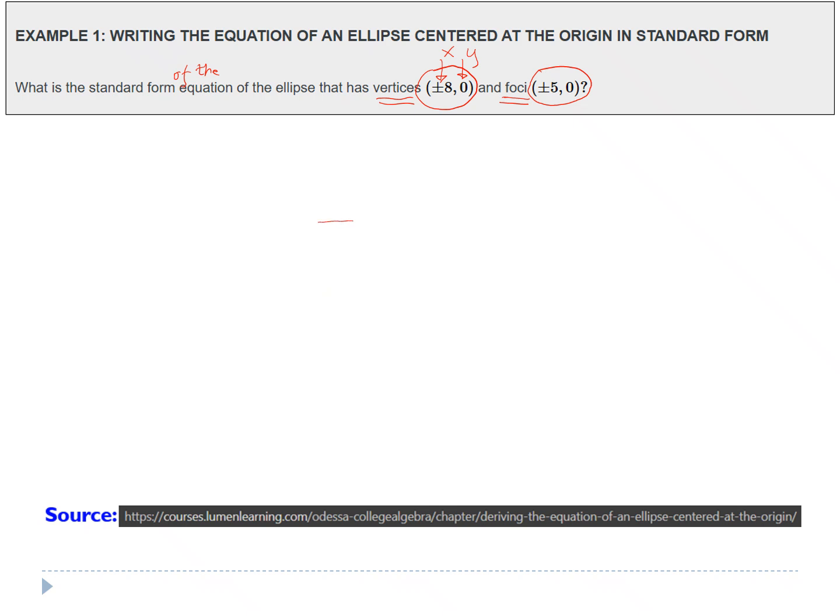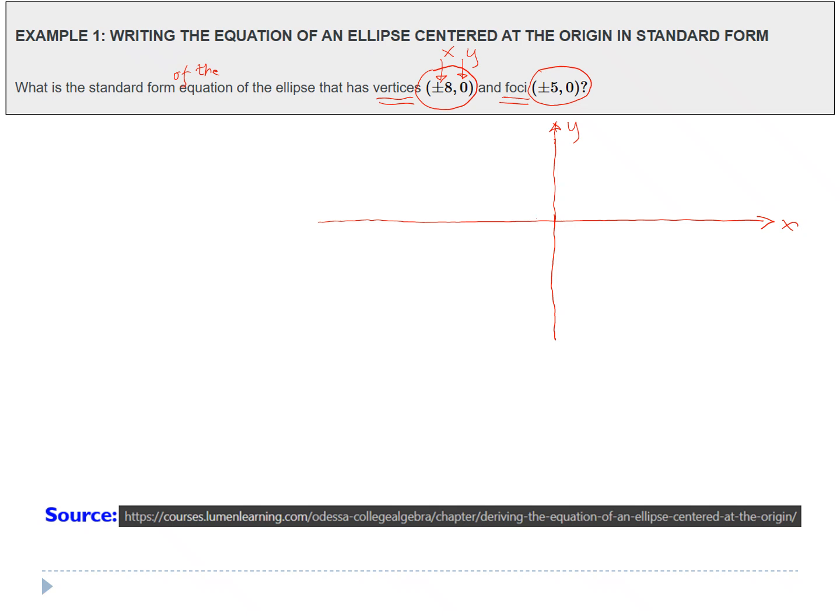So it looks like this, class. This is our x-axis, and this is the y-axis, and this is the origin.